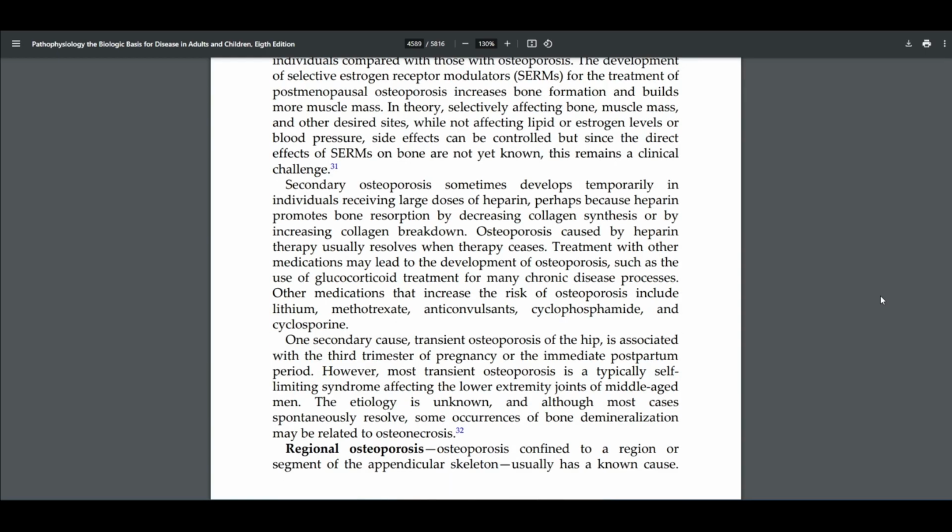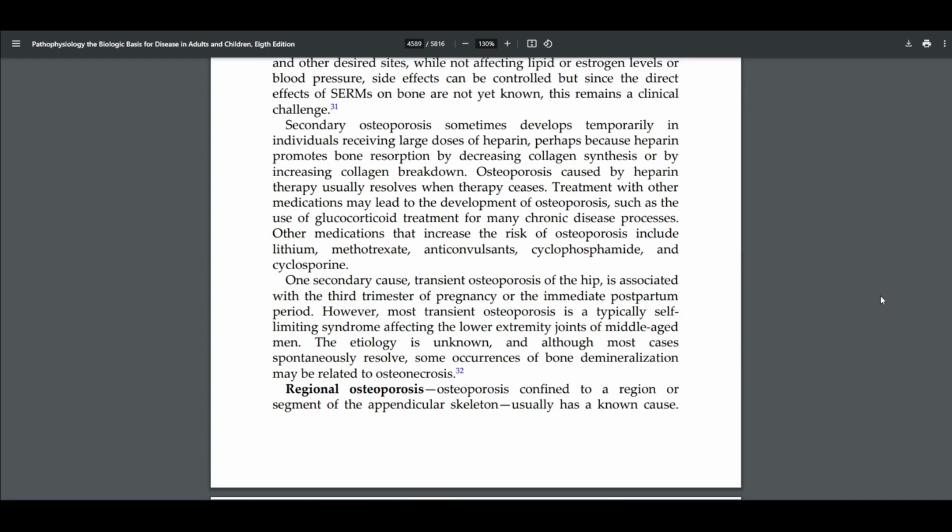Secondary osteoporosis sometimes develops temporarily in individuals receiving large doses of heparin, perhaps because heparin promotes bone resorption by decreasing collagen synthesis or by increasing collagen breakdown. Osteoporosis caused by heparin therapy usually resolves when therapy ceases.